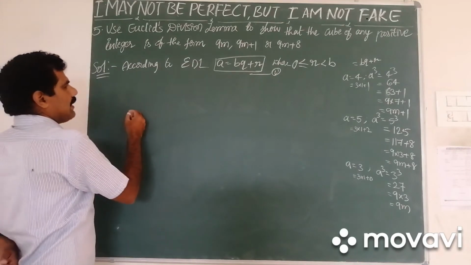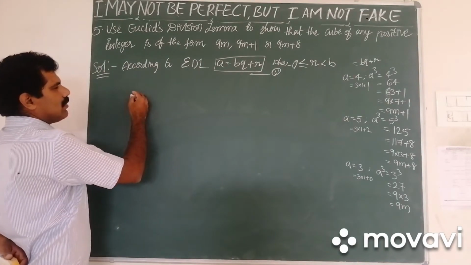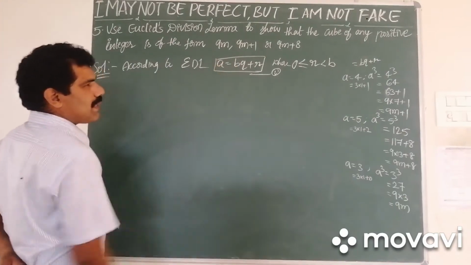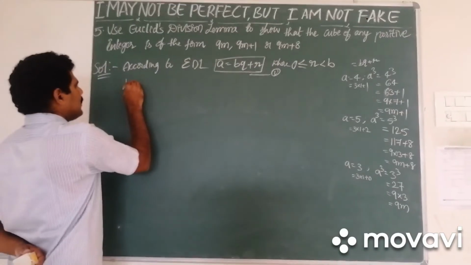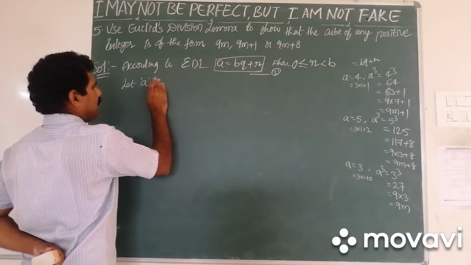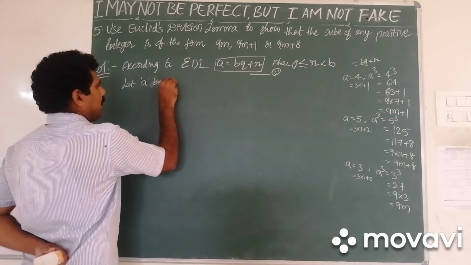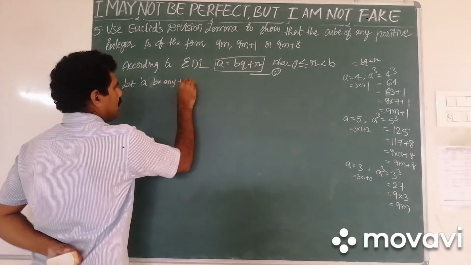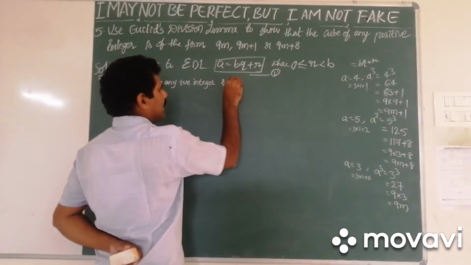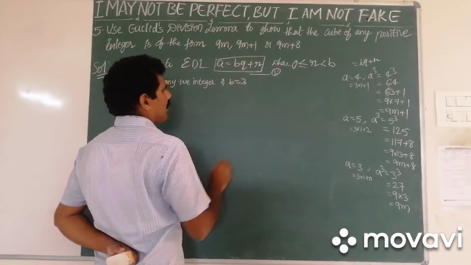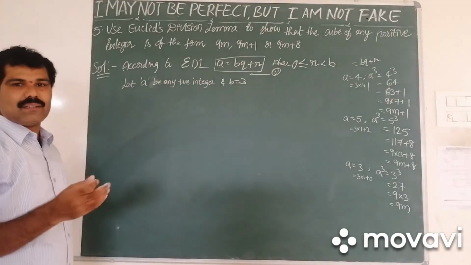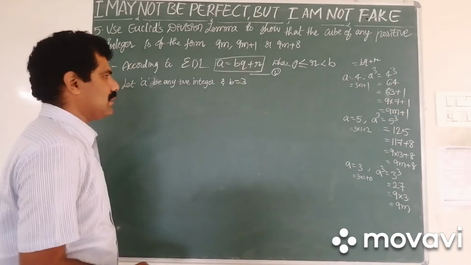Now I will be taking b as 3 and a any positive integer. So let a be any positive integer and b is equal to 3, as we discussed. Why do we have to take b is equal to 3? We can show it, isn't it?